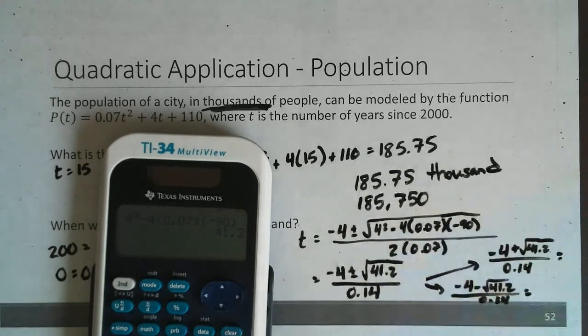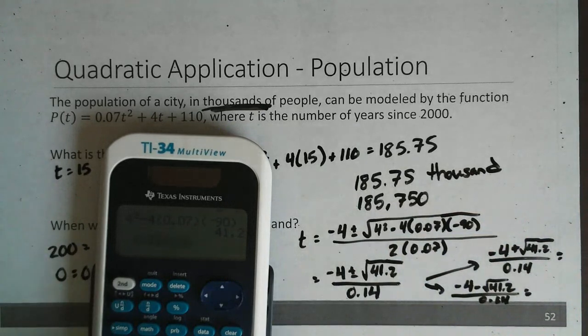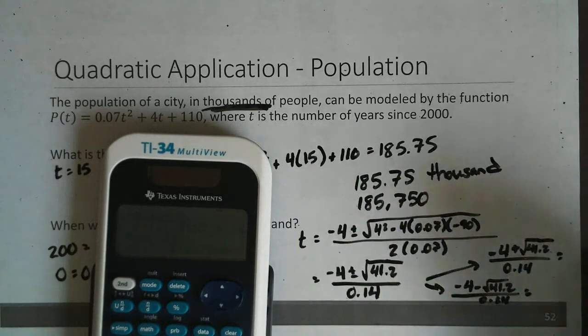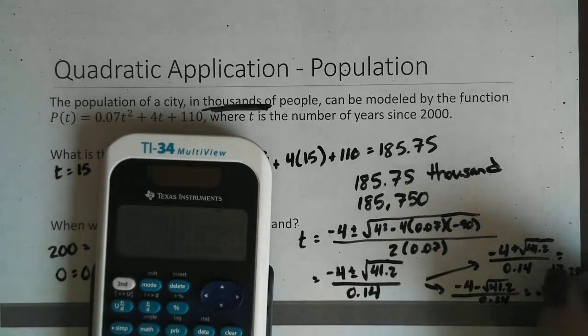So let's see what those two give us. -4 plus the square root of 41.2 divided by 0.14 equals 17.28. And -4 minus the square root of 41.2 divided by 0.14 is -74.42.